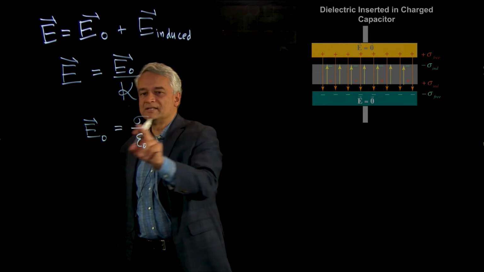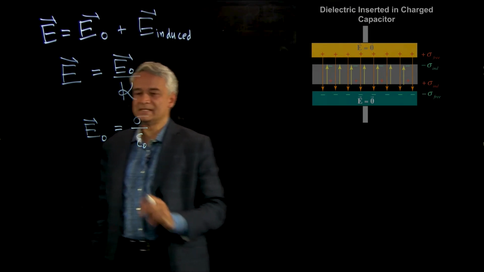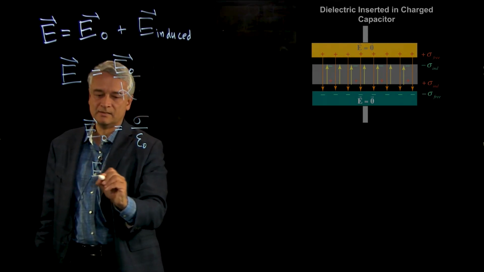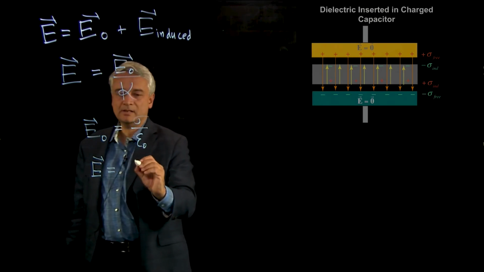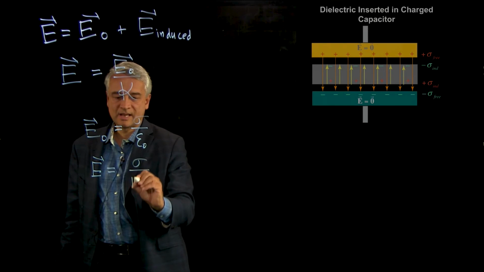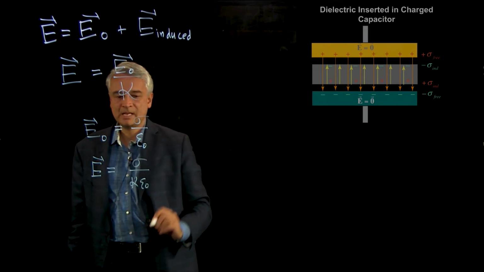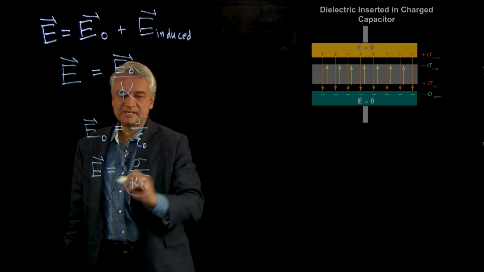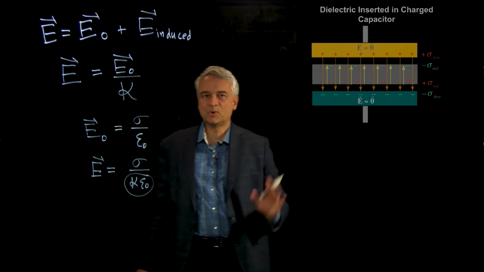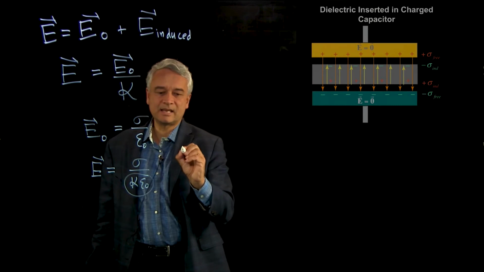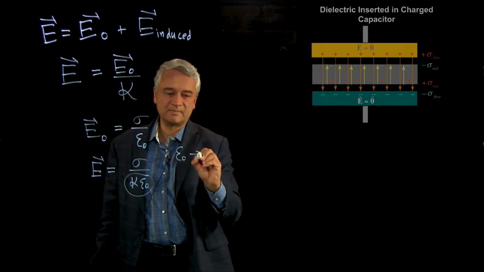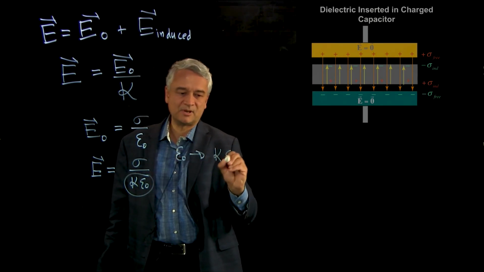So if E naught is sigma over epsilon naught, well, that means that E, what's E? Well, E is sigma over kappa epsilon naught. And what you see is that putting a dielectric inside the capacitor is like taking epsilon naught and replacing it by kappa times epsilon naught.